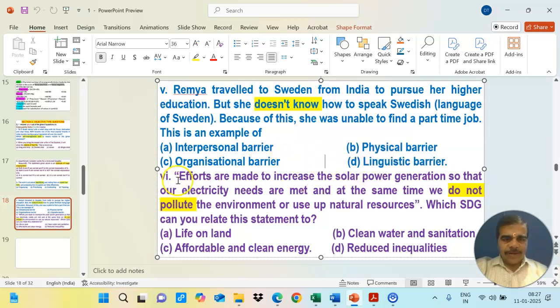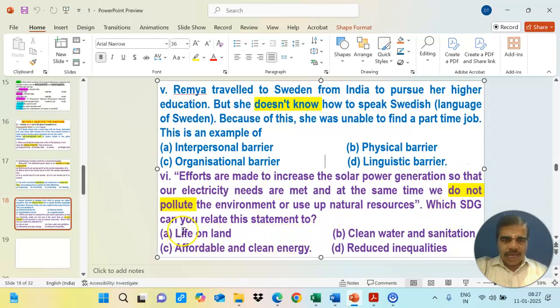Next, go for the sixth one. Efforts are made to increase the solar power generation so that our electricity needs are met, and at the same time we don't pollute the environment or use up natural resources. Which SDG can you relate this statement to?